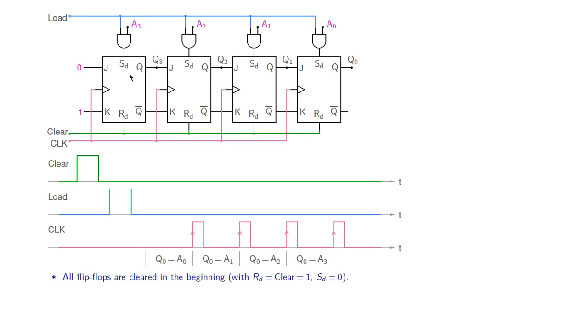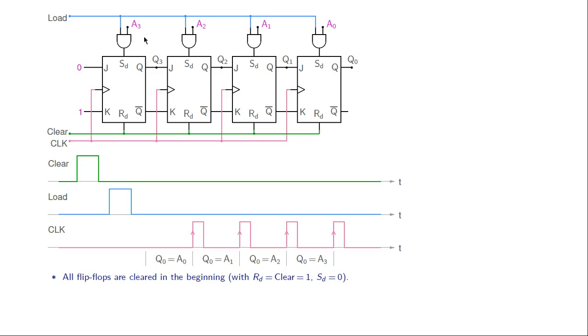So that means we have SD equal to 0 and RD equal to 0. So nothing is really going to happen. The flip-flop will work normally. Its output, if you recall, is already 0, and since there is no clock edge yet, the output will continue to be 0. So that is the situation if A3 was 0.